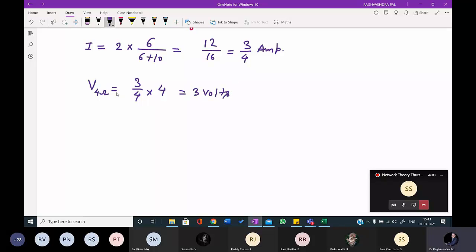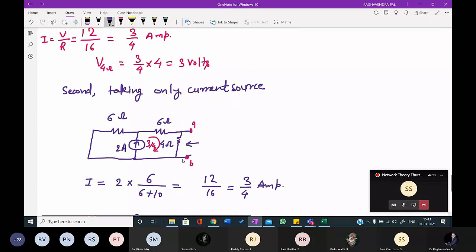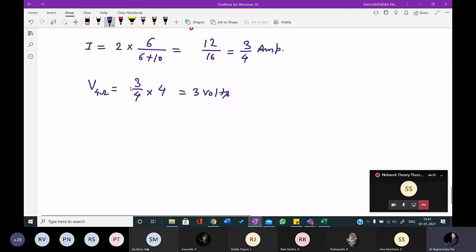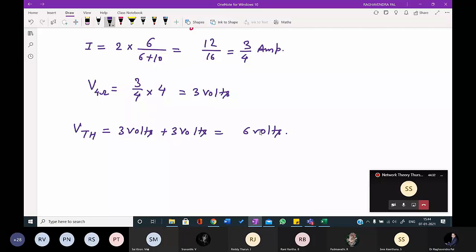Now voltage across 4 ohm due to current source is 3 volts and due to voltage source is also 3 volts. So what is VTH? VTH is equal to 3 volts plus 3 volts, equal to 6 volts. Correct?